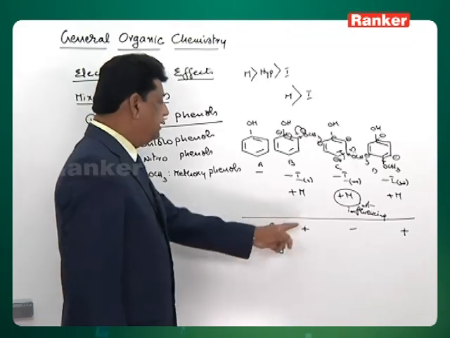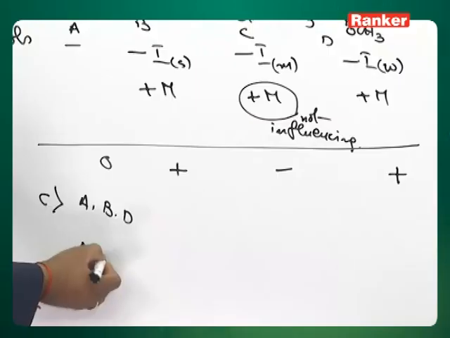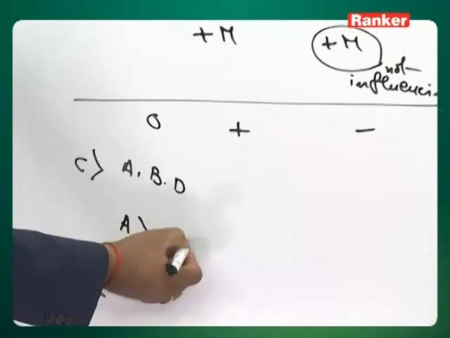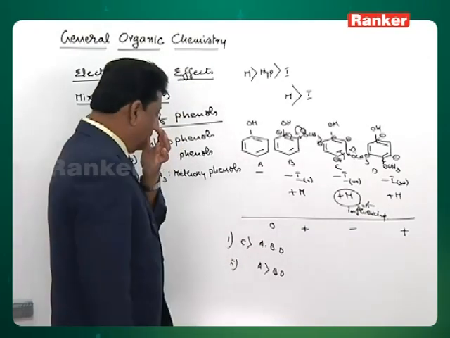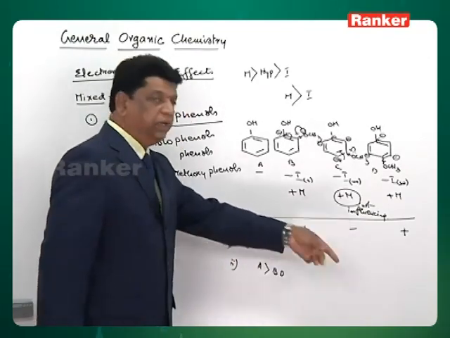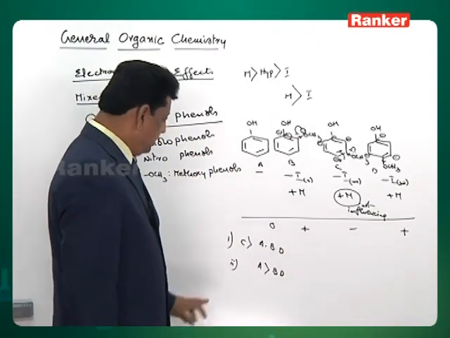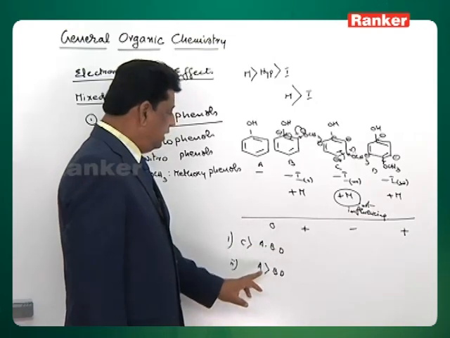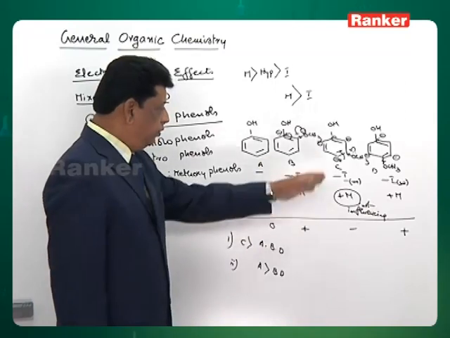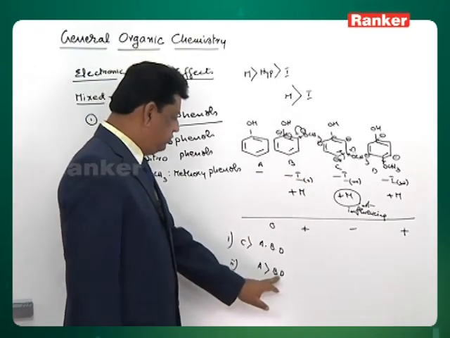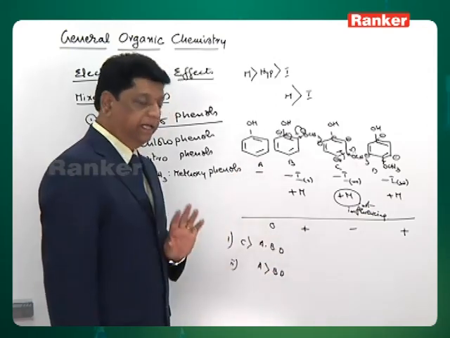And zero is better than plus M. Among these three, zero is better. So A is better than B and D also. This is another factor. So the second order: first we said minus groups are strong acids. Then among A, B, D, A is zero, and zero is better than the donating groups, because donating groups decrease the acidity. So these two are donating, this is zero. So I said A is better than B and D.